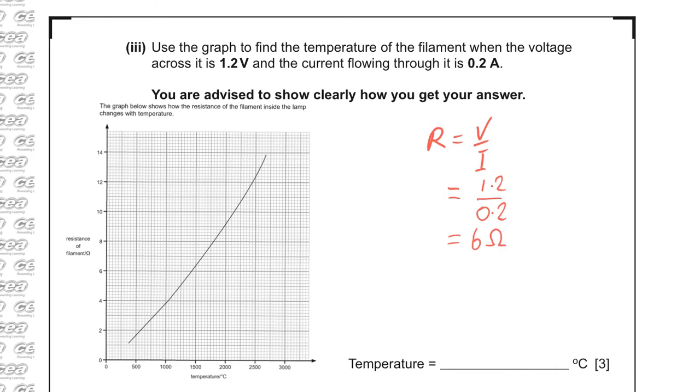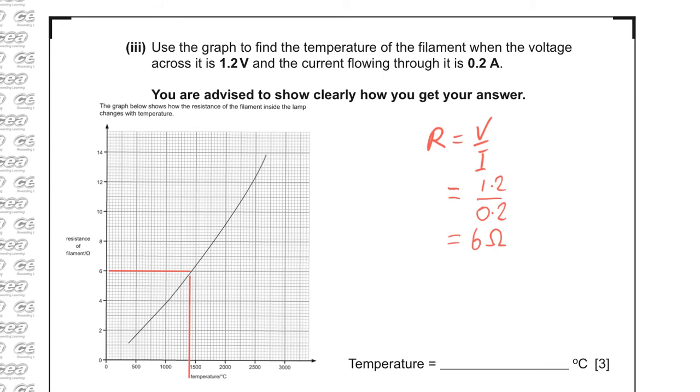Our job now is to go to our graph and plot across at 6 ohms and see what temperature that corresponds to. So we plot across there at 6 ohms, and then we plot down to the temperature axis and put another line in, and then attempt to measure what that temperature is.